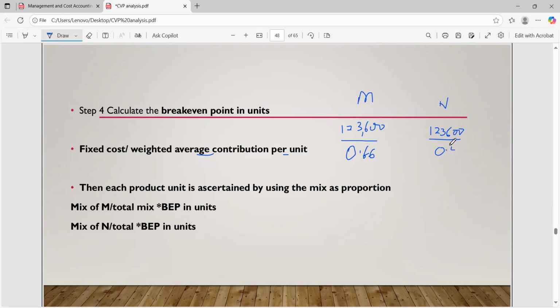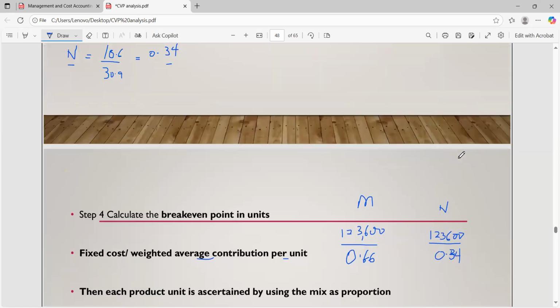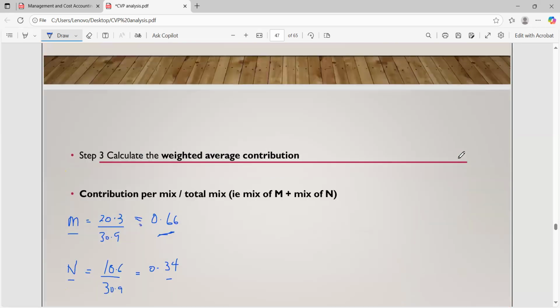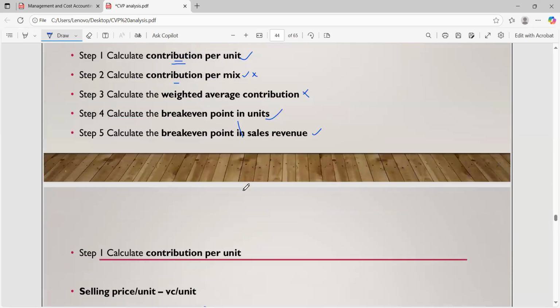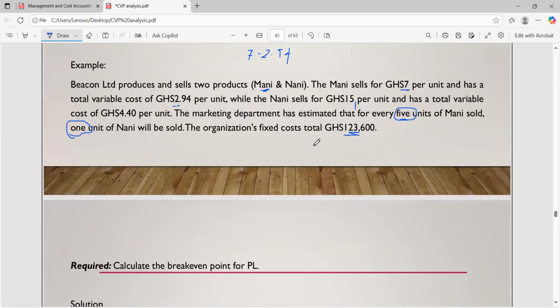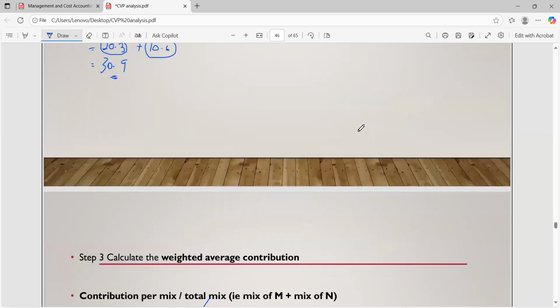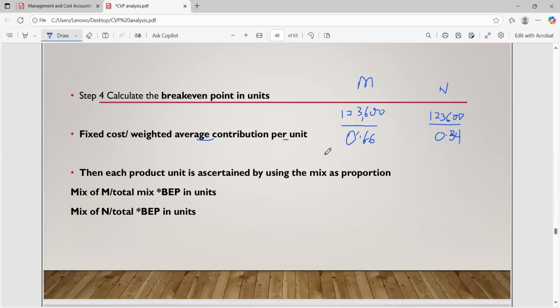Is it 34? 34. So you need to write out the final answer. I want to confirm the fixed cost. 1236. Okay. So what do you have for break even for this, break even for that?